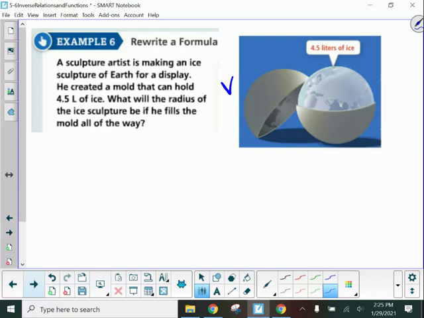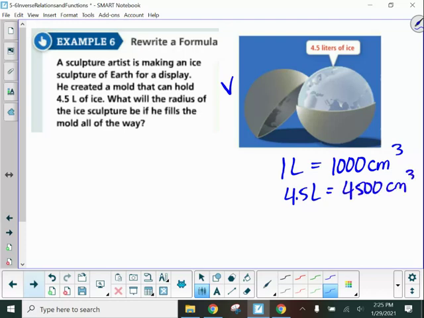You do have to keep in mind a few connections here, because if we're looking for a radius and we're only given liters, we are going to have to do a conversion. If you recall, 1 liter is equal to 1,000 centimeters cubed, which means 4.5 liters is equal to 4,500 centimeters cubed.